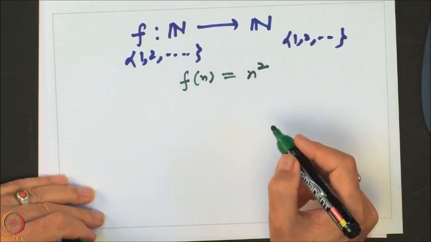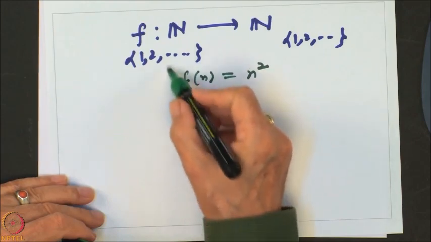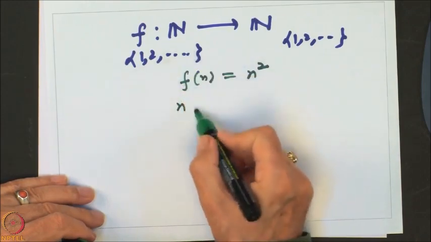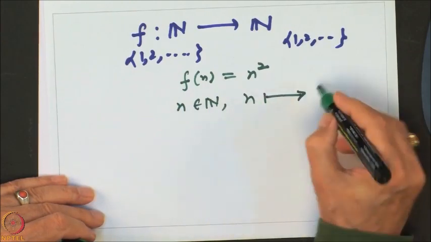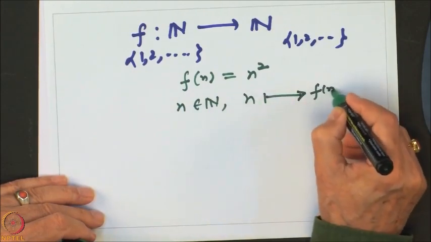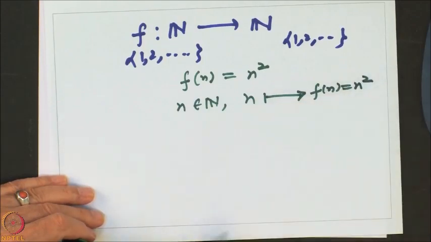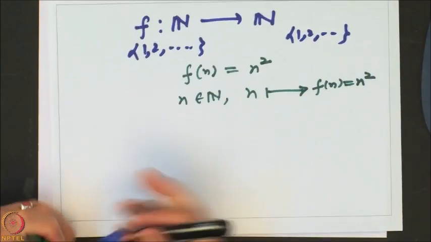That means what? That means if I pick up a point n in the domain, then this n goes to f of n, which is n square, right. So, what is the domain of the function?